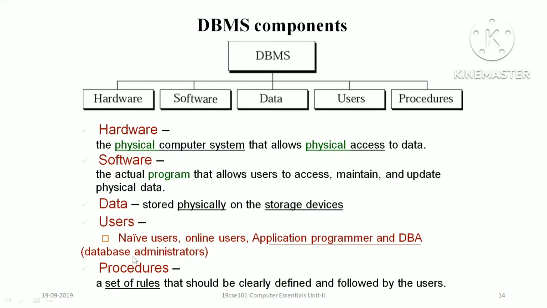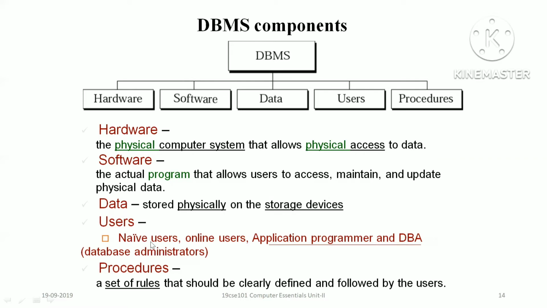These are naive user, online user, application programmer, and DBA. DBA's full form is database administrator. Now let's talk one by one about the naive user, online user, application programmer and DBA.